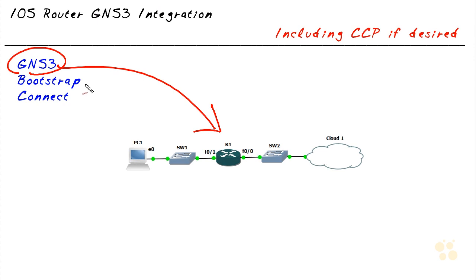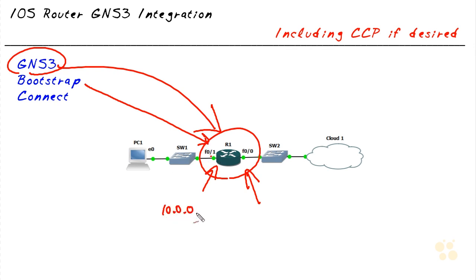What we want to do is a couple of real quick bootstrap commands on our router. And what I recommend is let's go ahead and put IP addresses on the FA0/1, the inside interface, which is 10.0.0.1. And for FA0/0 on the outside, we could use a DHCP address because we have DHCP services available on this 192.168.1 network. Or we could hard code the interface.